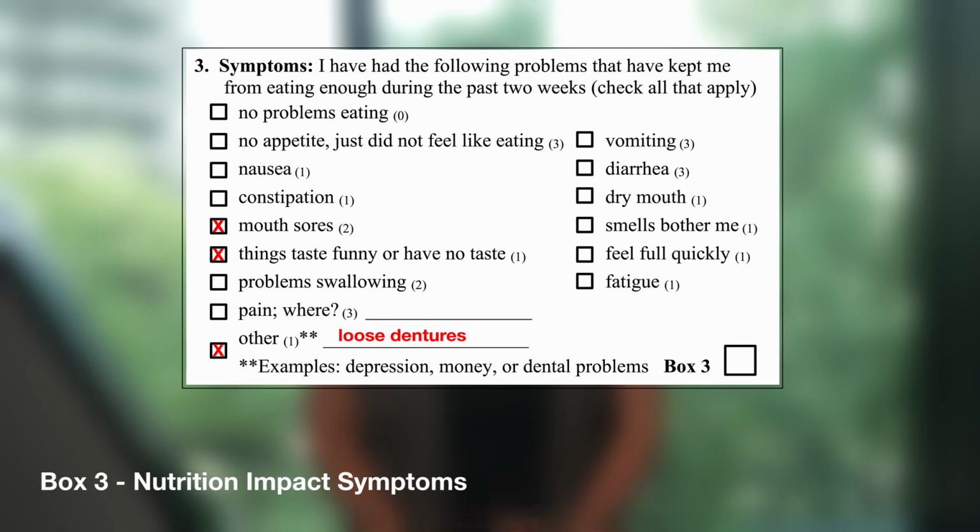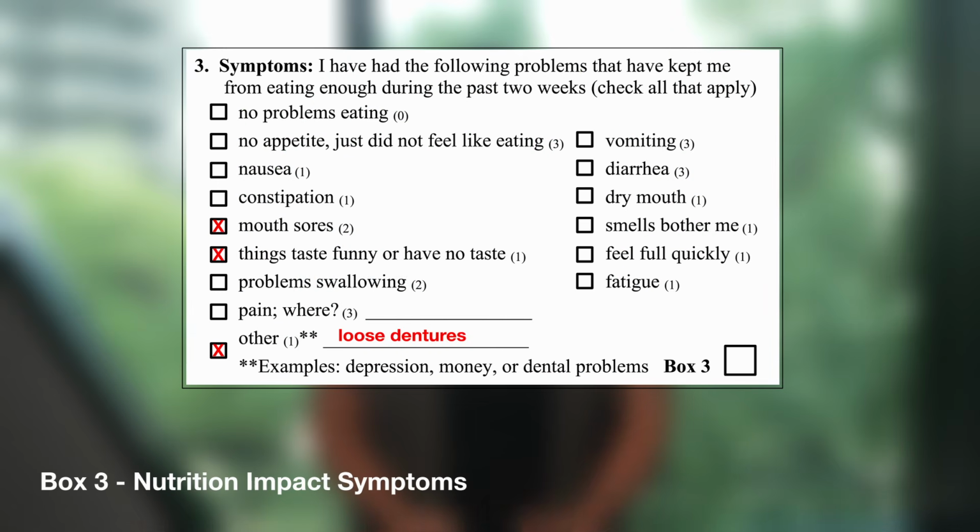If they were present at any time in the past 2 weeks, they should be scored. What matters most is how the patient experiences their symptoms, not what we as clinicians think is contributing. For example, pain that isn't well controlled, no matter where it is, can reduce a patient's food intake simply because it stops them from getting up, walking to the kitchen, or preparing a meal.